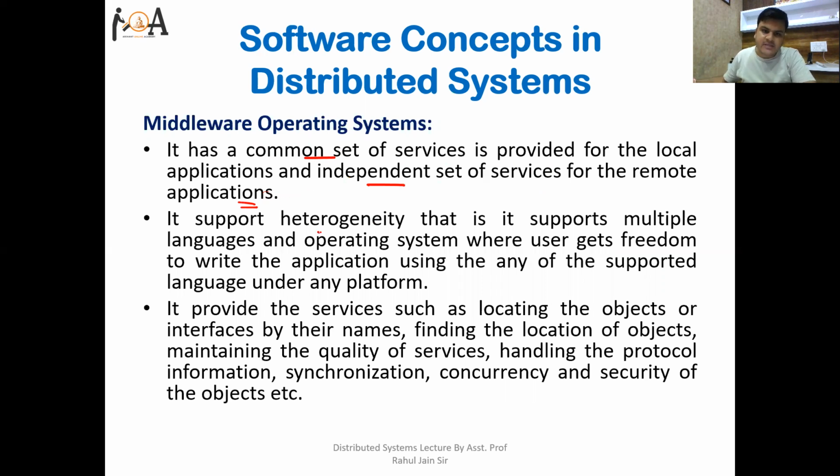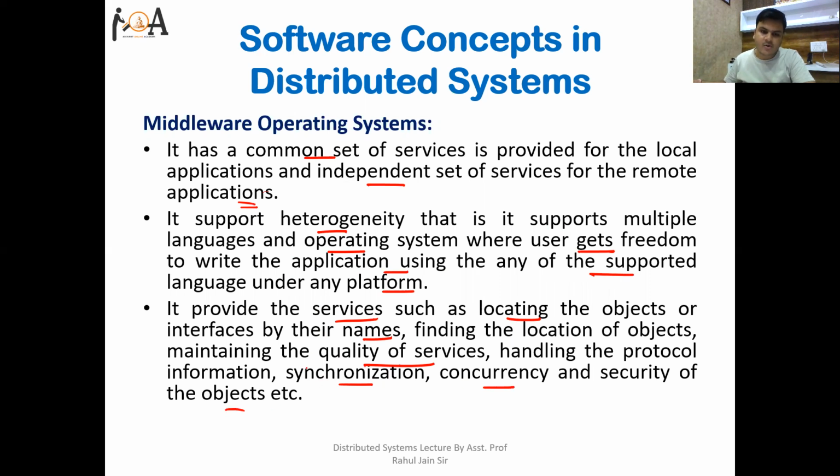It supports heterogeneity, that is, it supports multiple languages and operating systems, where the user gets freedom to write the application using any of the supported languages under any platform. And it provides services such as locating objects or interfaces by their names, finding the locations of objects, maintaining the quality of services, handling protocol information, synchronization, concurrency, and security of objects.